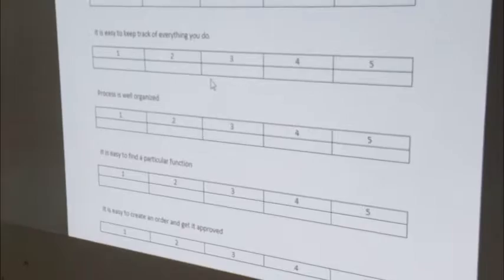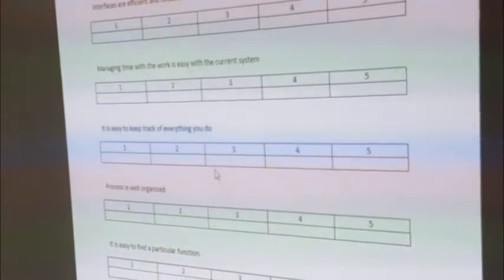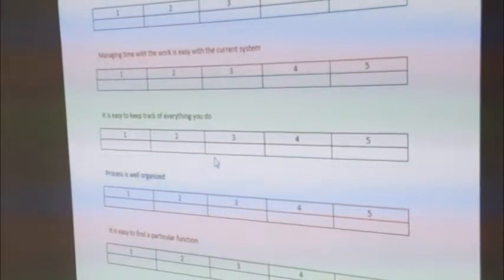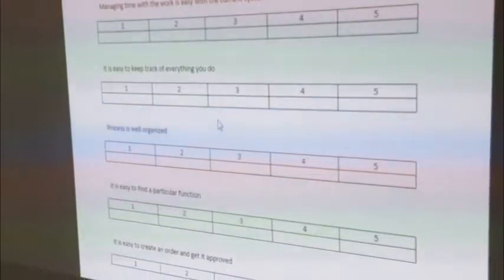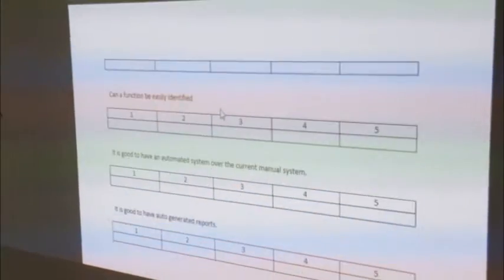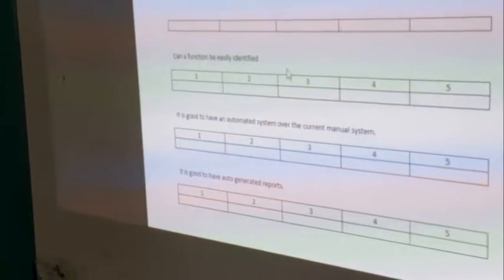Managing time, the work, the current system, and is it easy to keep track of everything they do? Process is well organized in the system. Is it easy to find a particular function? Is it easy to create an order and get it approved? Can the function be... responses as well? Yes, sir.